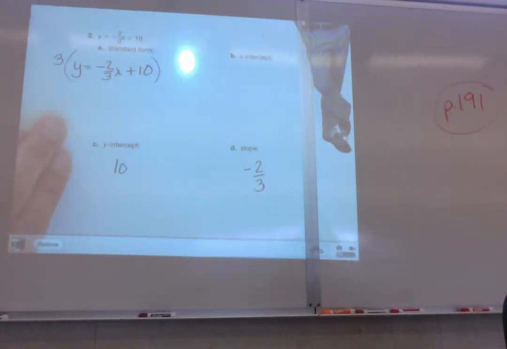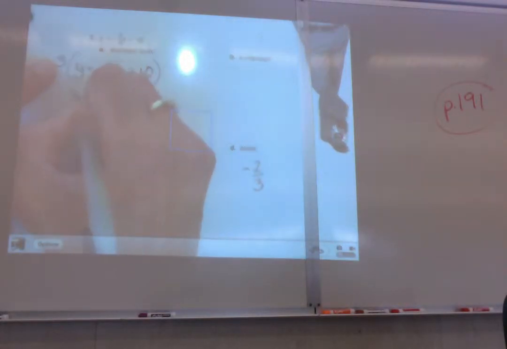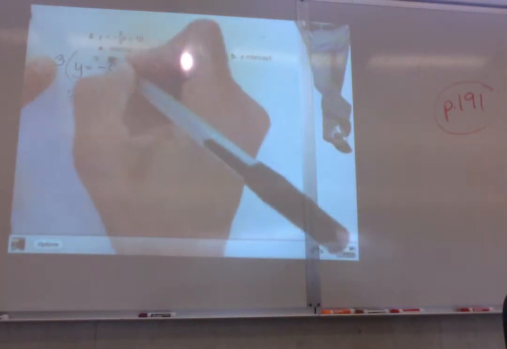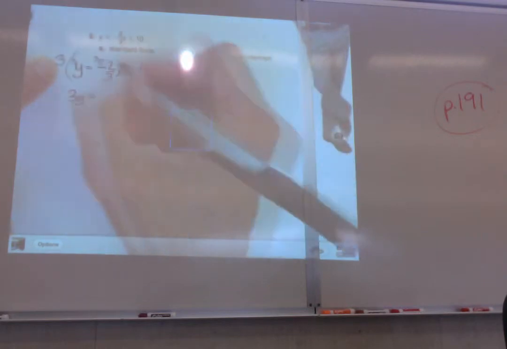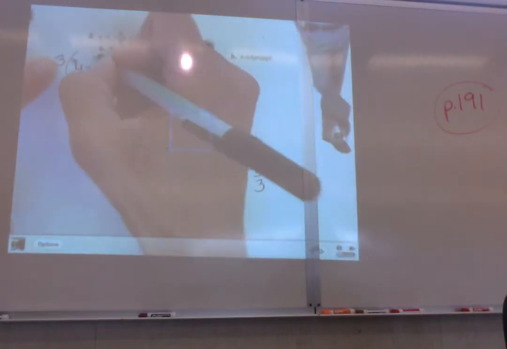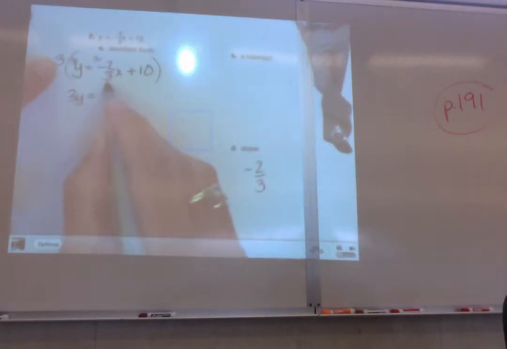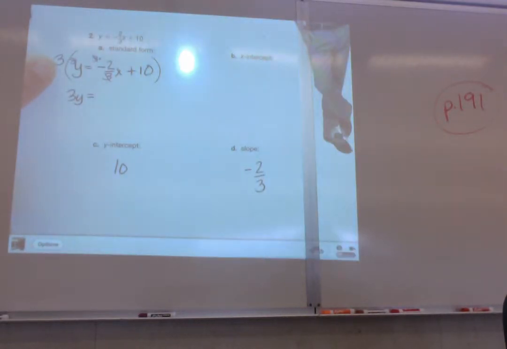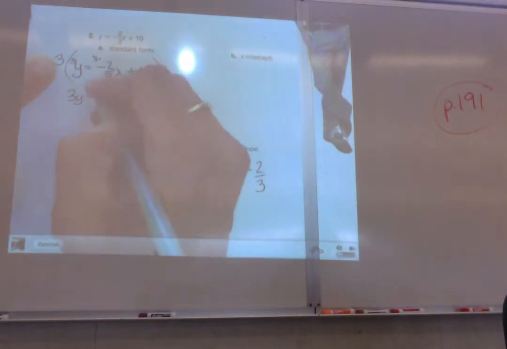So I'm going to go through term by term and times by 3. That means over here I'm going to have 3y equals... Over here, when we times by 3, so we're timesing by 3 here, times by 3 here. When you times by 3 here, that 3 cancels the denominator. What's left? The minus 2 and the x.